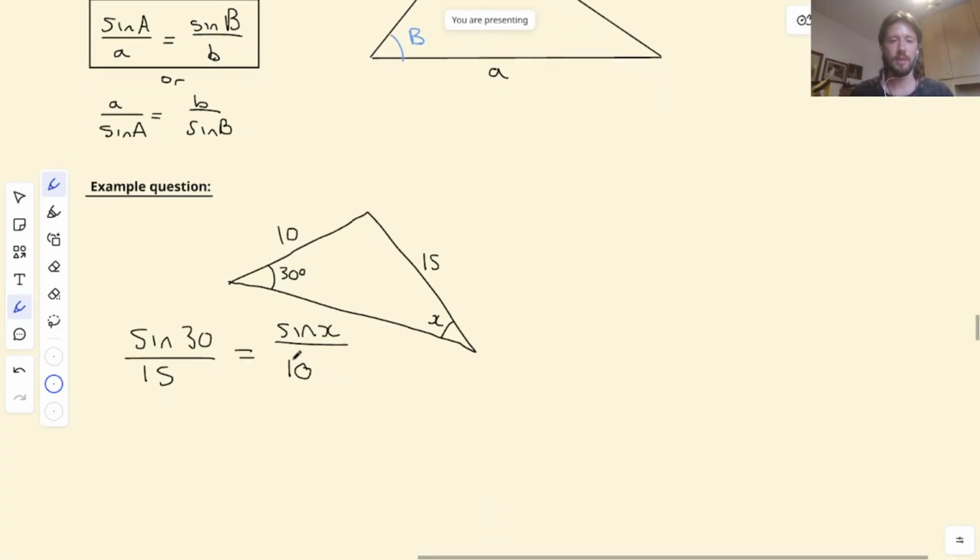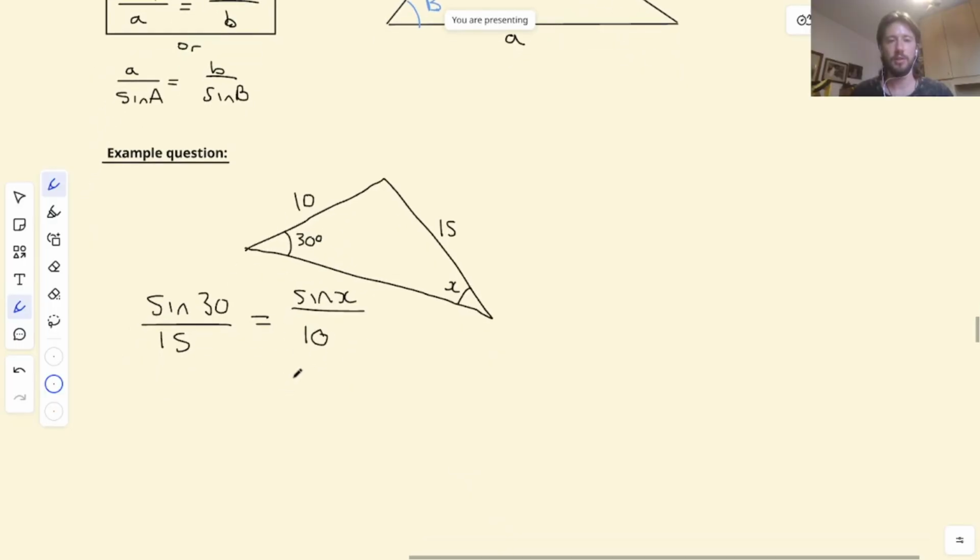And now we have an equation that we just need to solve. Make sine x the subject, which will be 10 over 15 sine 30. And then you can calculate that, which will give you 1/3.